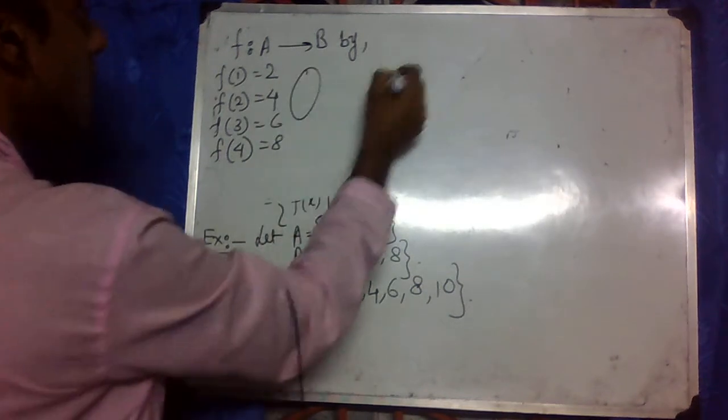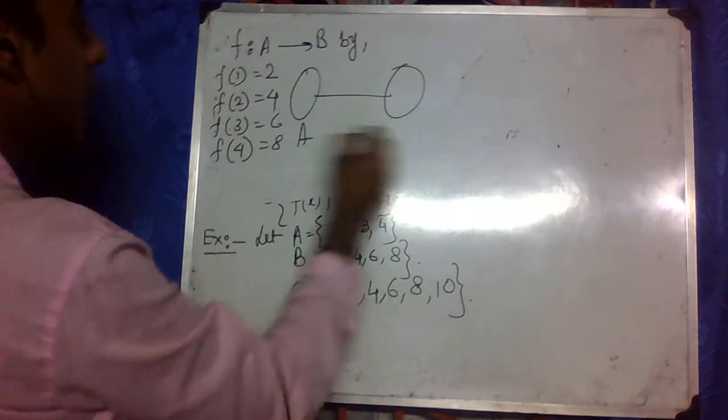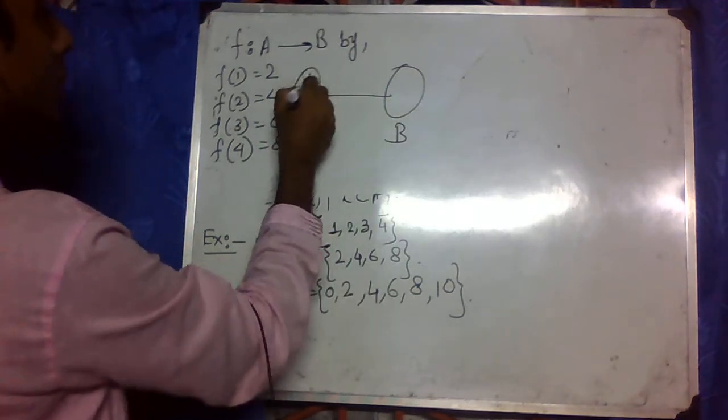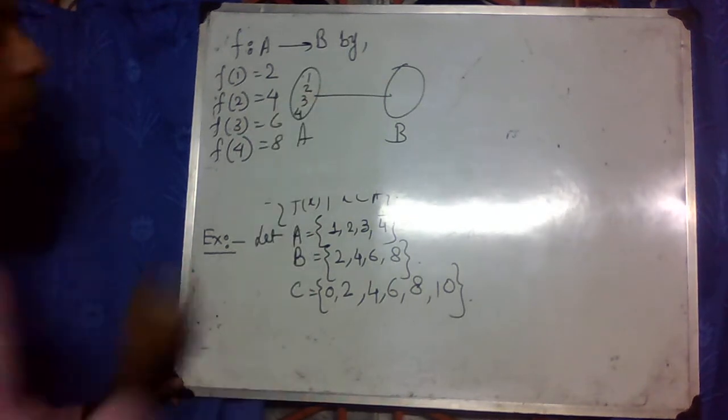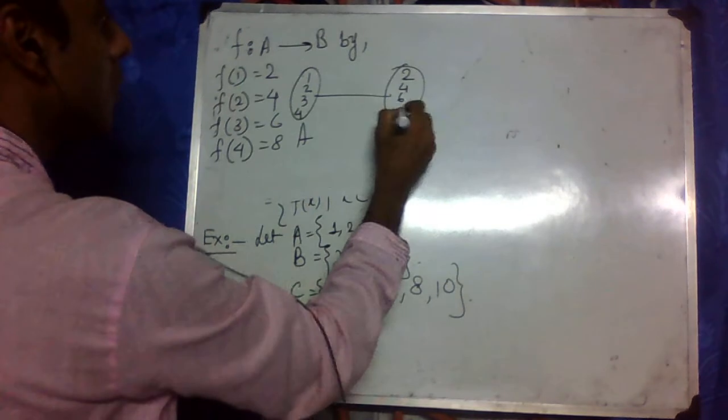So this is A, this is B. A contains 1, 2, 3, 4. B contains 2, 4, 6, 8.